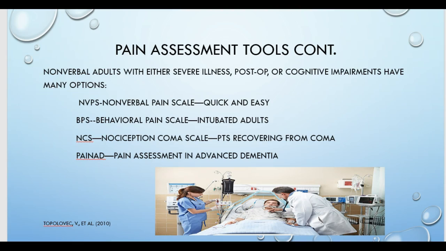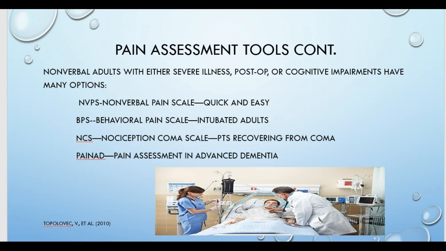With the Nonverbal Pain Scale, this has been used in ICU units, and there was a study from the American Journal of Critical Care that showed when its use was implemented on a unit, their pain assessments went up with the consistency for the patients, and the nurses involved gained confidence that they reported in doing these assessments, because we do know that these are the most challenging type of assessments when the patient is nonverbal.